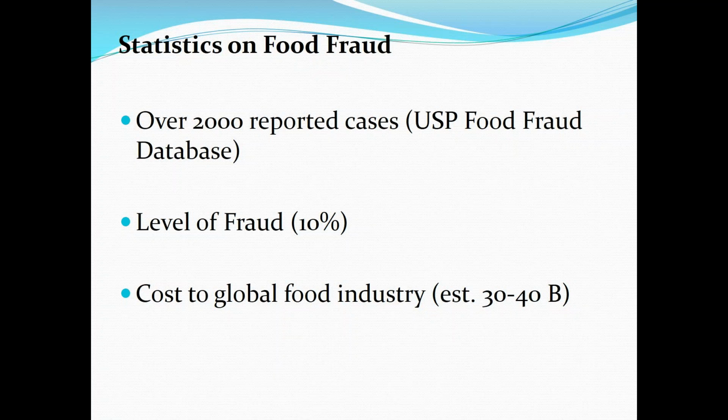And the level of food fraud is not a guesstimate, but an actual number. It is about 10% of your total materials received or materials produced. So 10% is a big number. And the cost to the global food industry because of food fraud is about 30 to 40 billion.